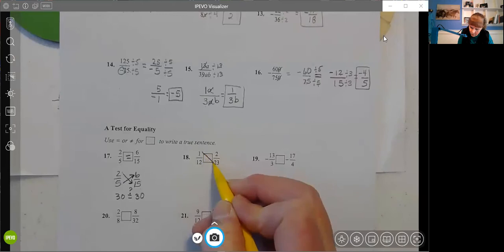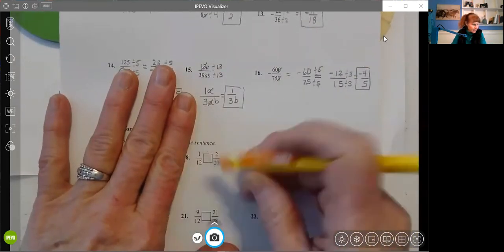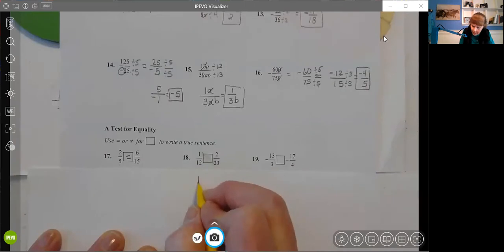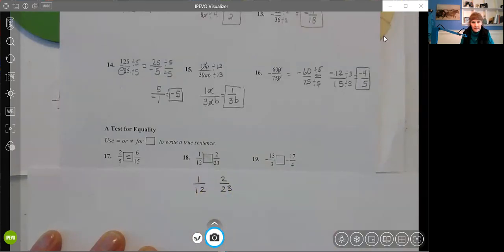1 times 23. Here, I'll just copy them over again. You know, sometimes I think it's kind of small, but 1/12. Are these two the same size? Well, we're going to cross multiply.